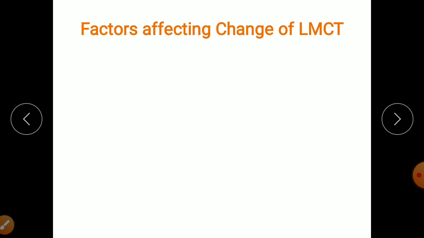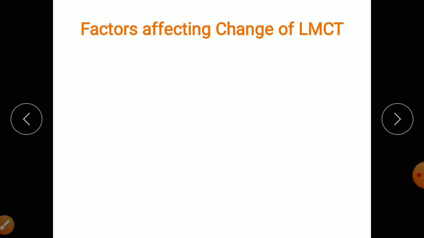Next, what are the factors affecting the change of LMCT? LMCT means the electron moves from a lower ligand orbital to a higher metal orbital. Due to this, the ligand to metal charge transfer energy increases or decreases in different types of complexes.